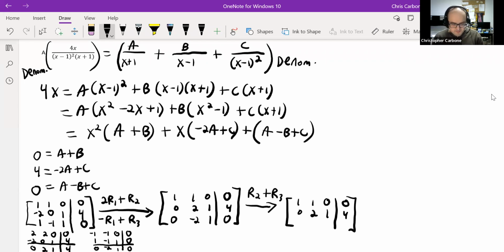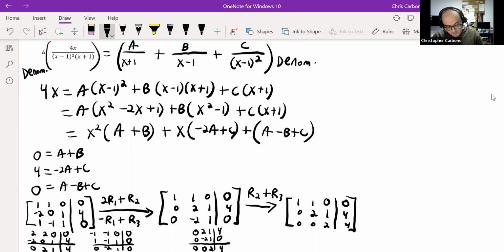For this bottom one, we are adding 0, 2, 1, 4 and 0, negative 2, 1, 0. So we get 0, 0, 2, 4.